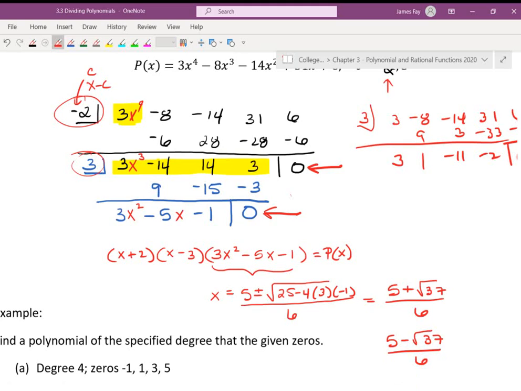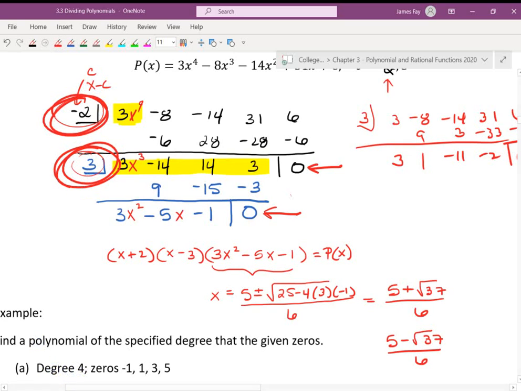Those are my two x values. Does that make sense? I know from previous discussions that those are zeros, those are x-intercepts, correct? So those are c values, much like this number right there was a c value, and much like that number right there was a c value, right?